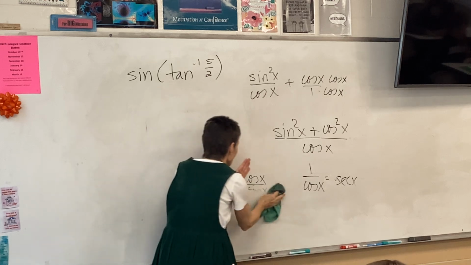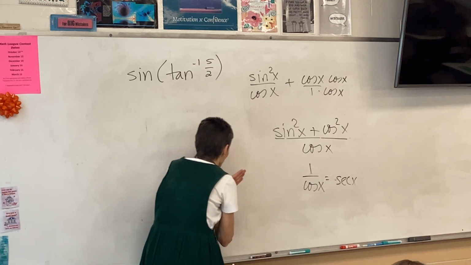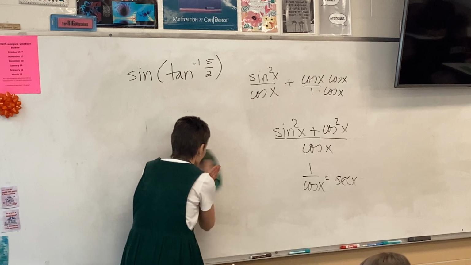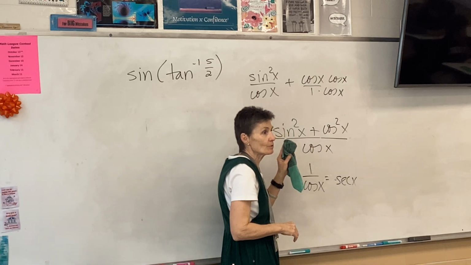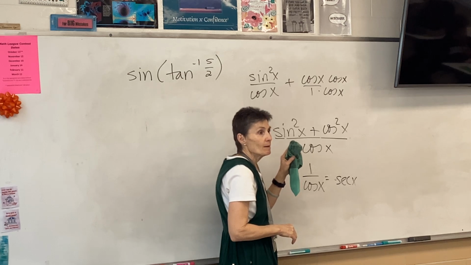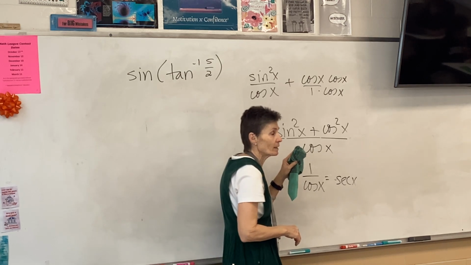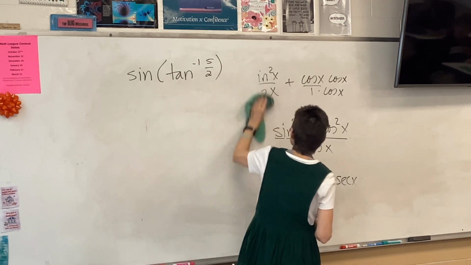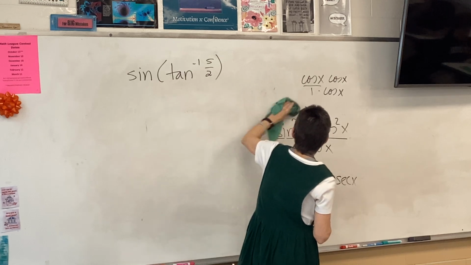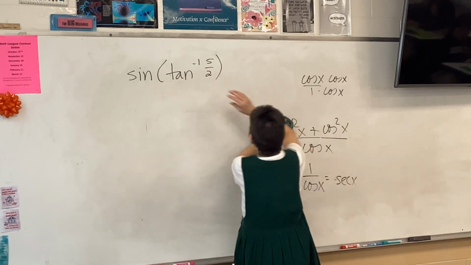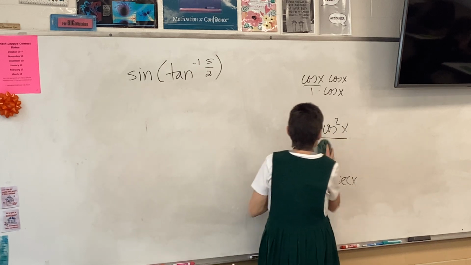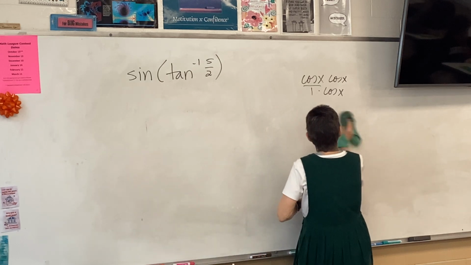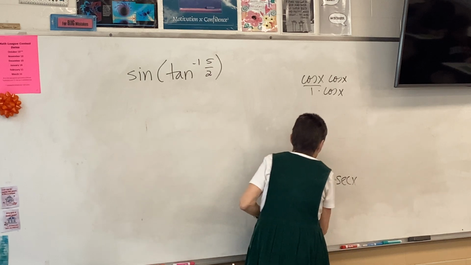I'm hearing good thoughts. I heard somebody up here say it's in the first quadrant because it's positive. And whenever we have our inverse trig functions and the number is positive, that means we are going to be in quadrant 1.